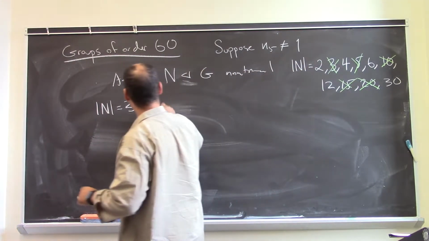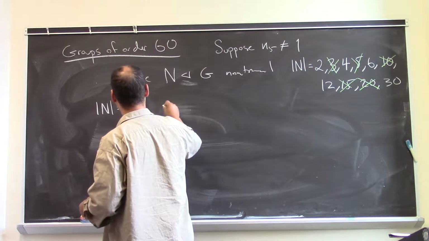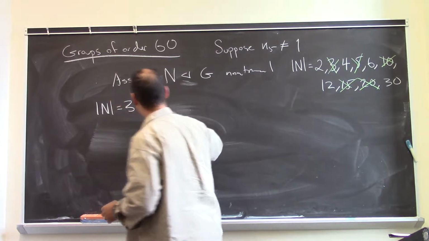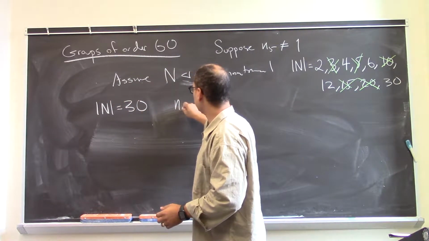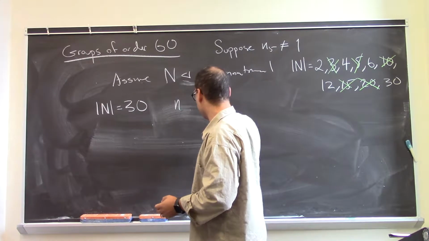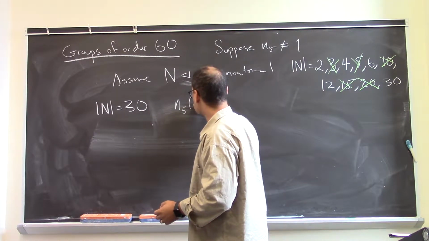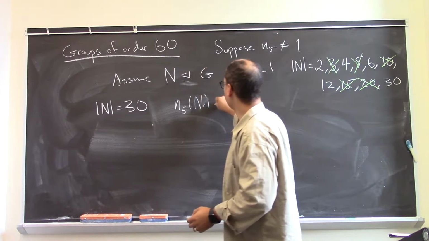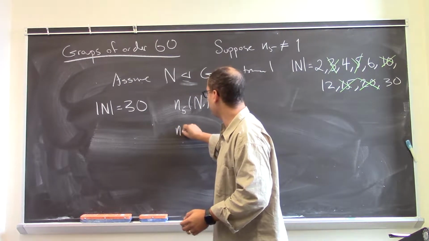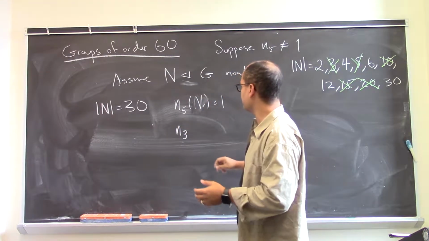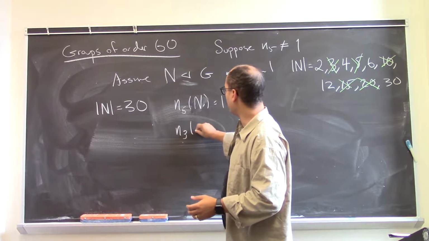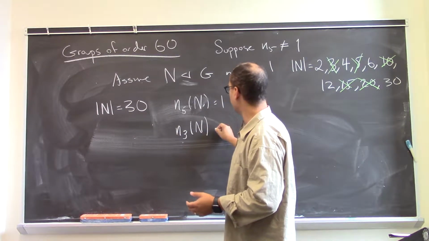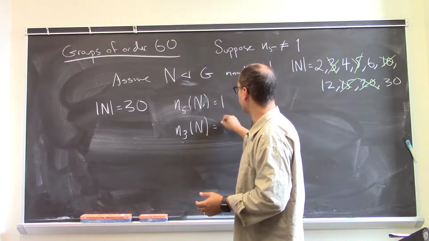Okay, if you have a subgroup of order 30, then what we know, as we recalled earlier, is that a group of order 30 either has a normal Sylow, and therefore characteristic, subgroup of order 5, or a normal Sylow subgroup of order 3.